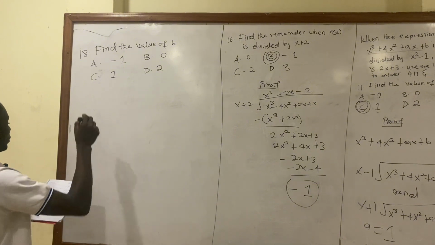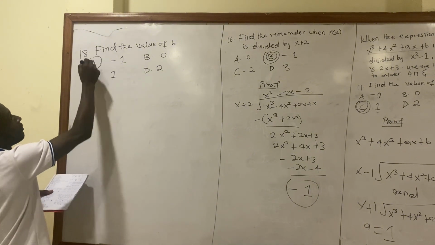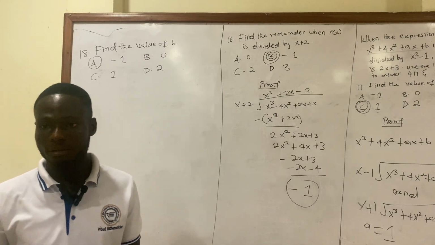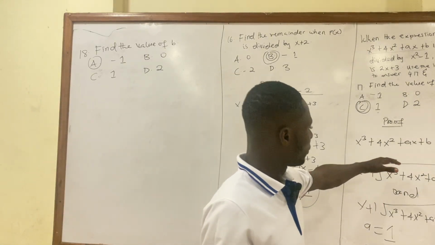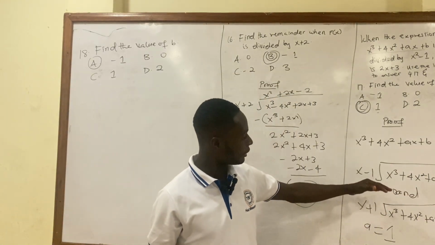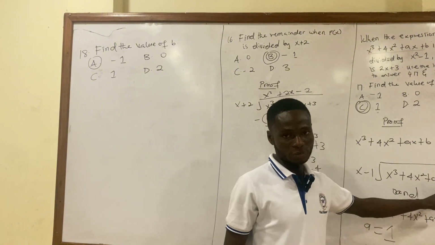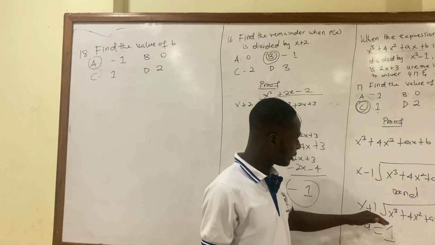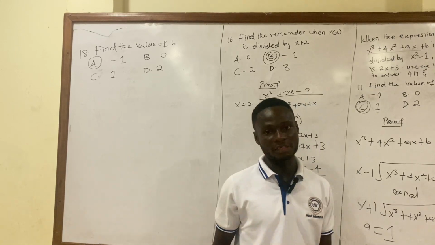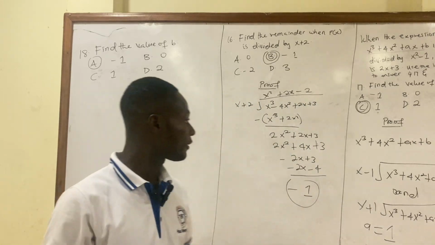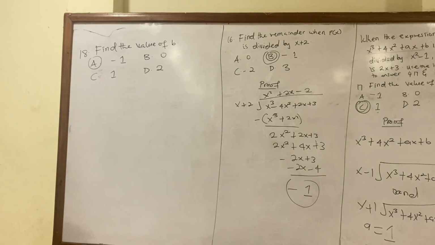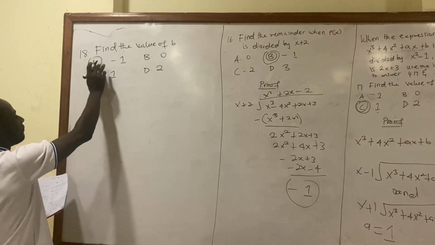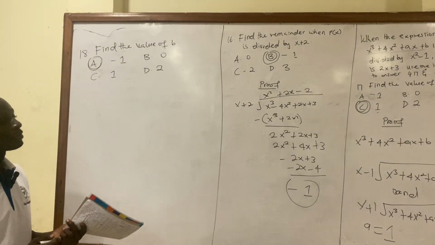Right. So our value of b is minus 1, as we clearly explained over here. Use this to divide, have an equation in terms of a and b, and then use this to divide, have an equation in terms of a and b, and solve them simultaneously, and then you have the value of a and b. So the value of a is minus 1.